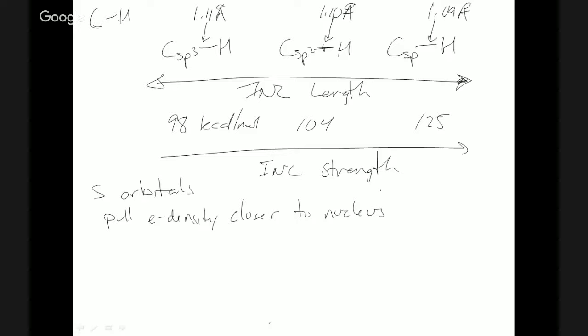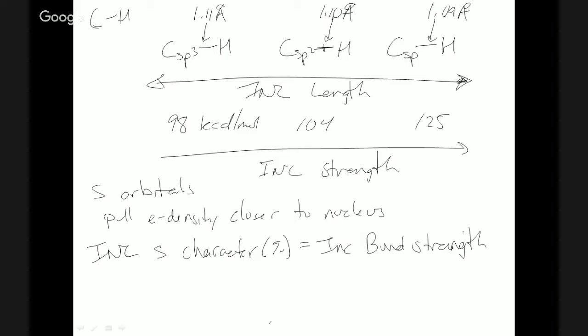Okay. So increasing s character percentage equals increasing bond strength equals decreasing bond length. My bad. Increasing bond strength, decreasing bond length.